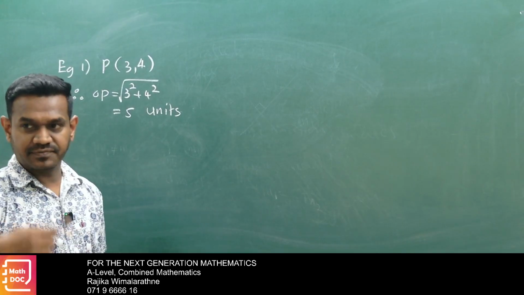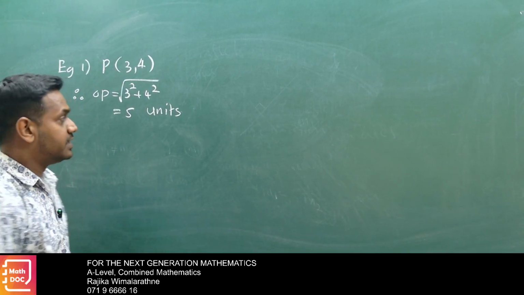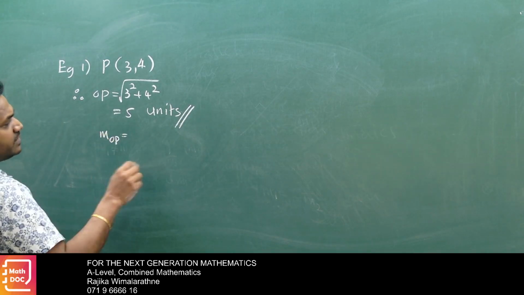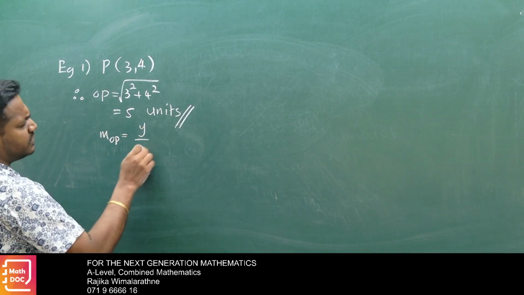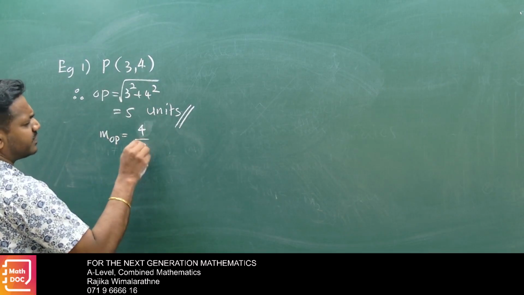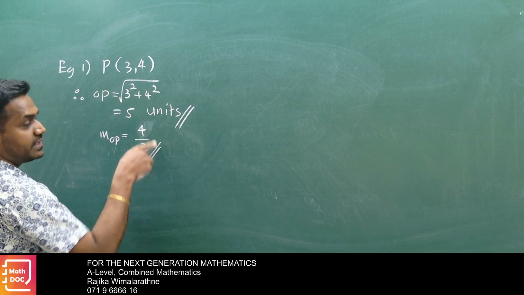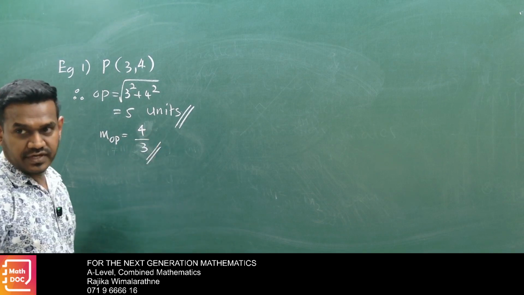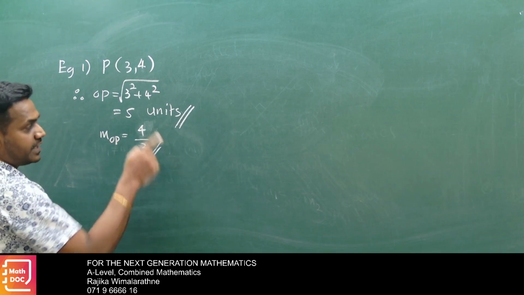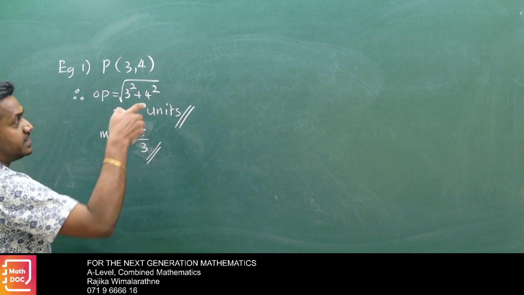It can be centimeters, meters, kilometers, whatever it is, you put units. Then MOP, the gradient of OP, we know that is y over x, no? The y coordinate 4, the x coordinate 3. Here for gradient, the distance cancels and there are no units. For gradients, no units. But for displacement, we have units, no?